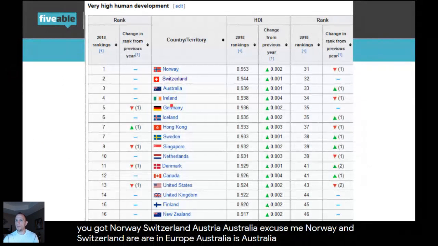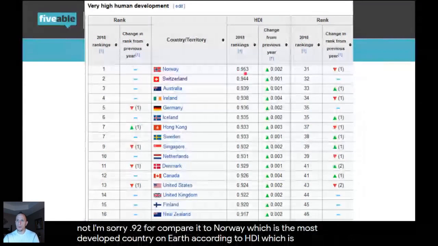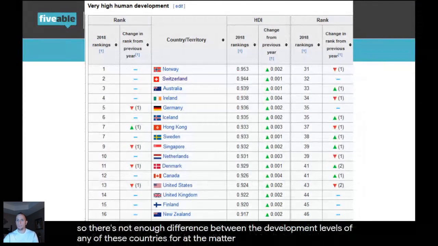But look, the Human Development Index is not low by any stretch: 0.924 compared to Norway, which is the most developed country on Earth according to HDI, which is 0.95. So there's not enough difference between the development levels of any of these countries for it to matter. There just isn't.